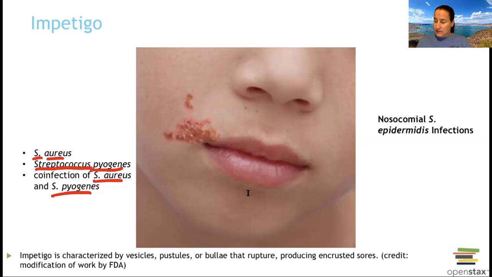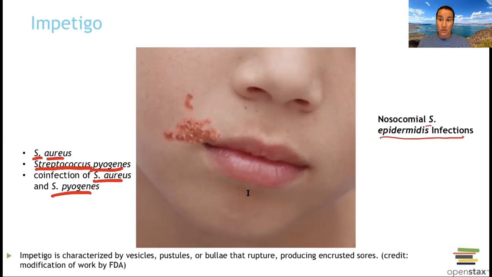Nosocomial Staph epi infection. I told you Staph epi is relatively safe-ish as long as it stays where it's supposed to. But if Staph epi gets where it shouldn't be, like in a nosocomial situation, somebody's undergoing a procedure and they need a catheter or some sort of device in their person, and that gets infected and covered with Staph epidermidis, it's going inside of your body where it shouldn't be.